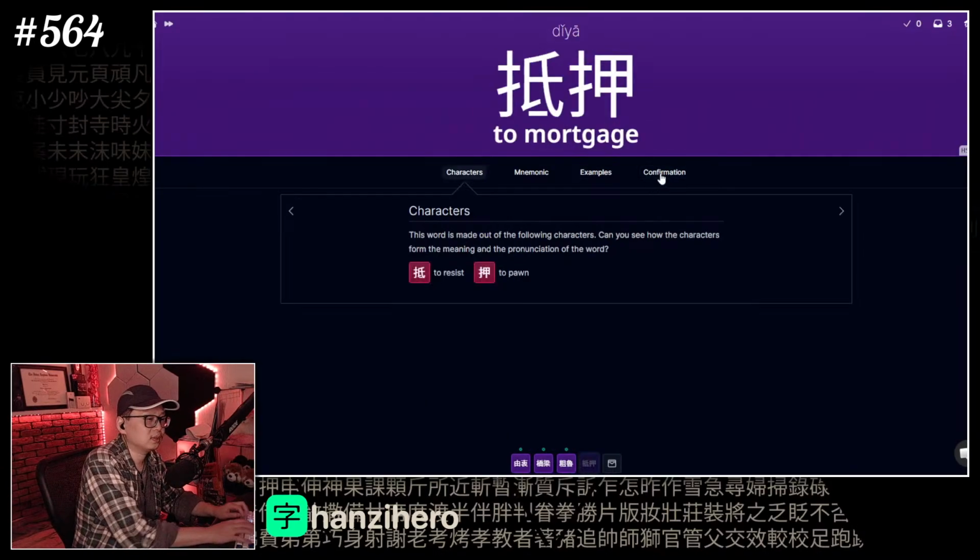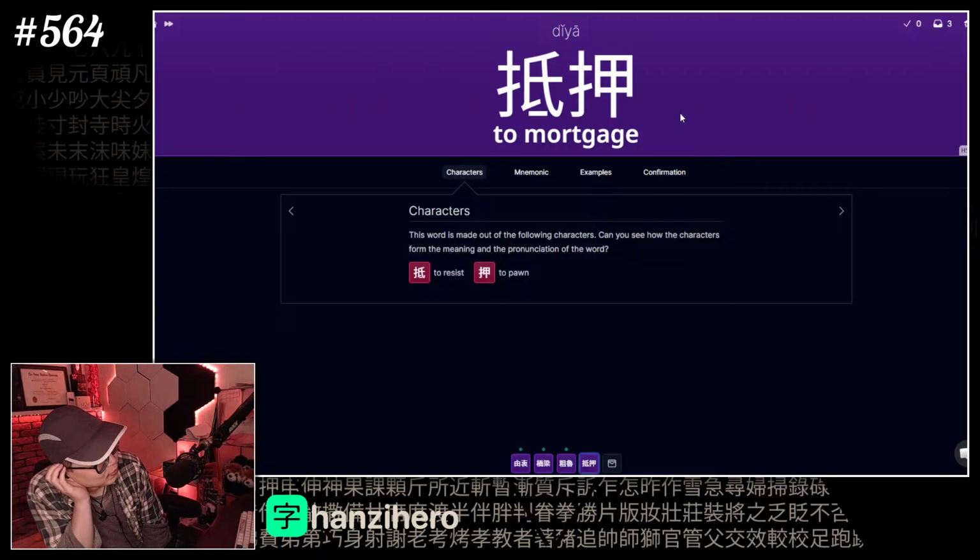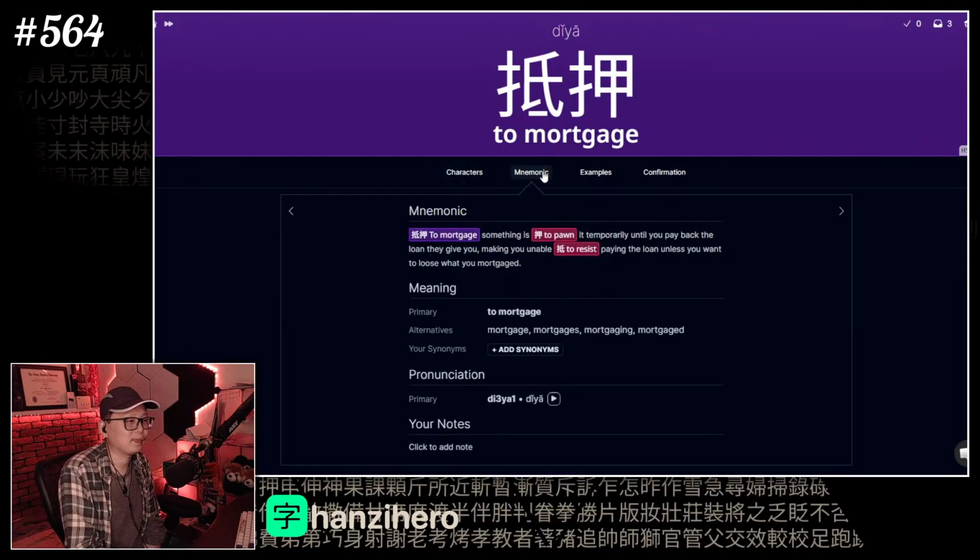粗鲁, 抵押, 抵押 what? Okay, 抵 is to resist, and yeah, what, oh no. Okay, resist to pawn. Okay, a mortgage is to prevent something from being pawned off.